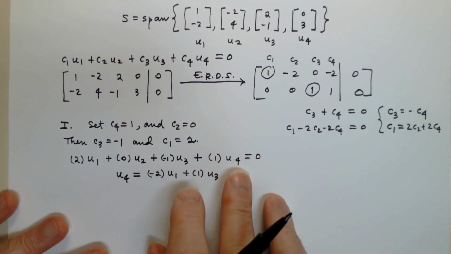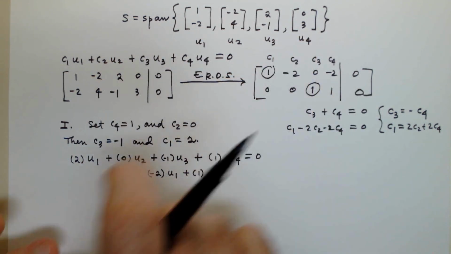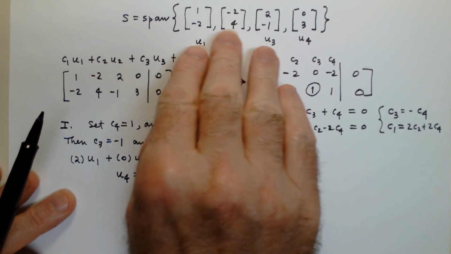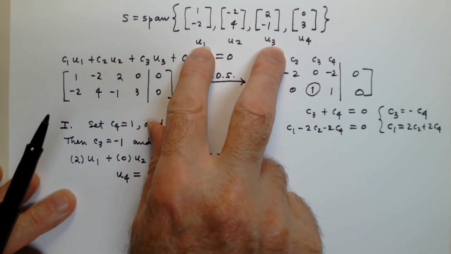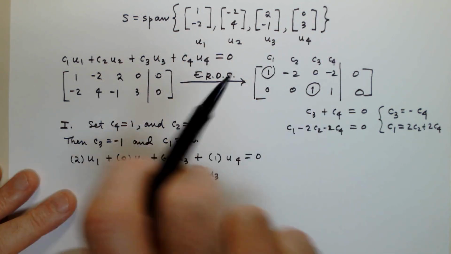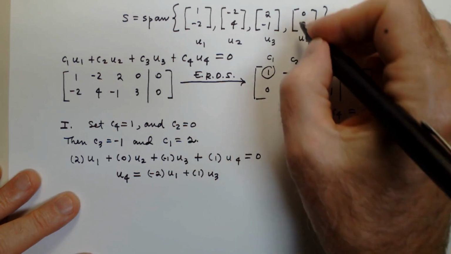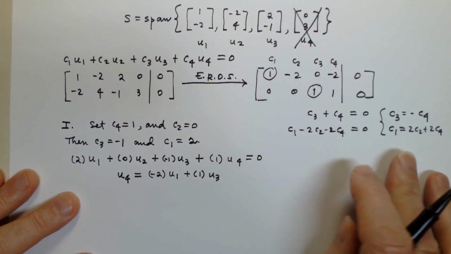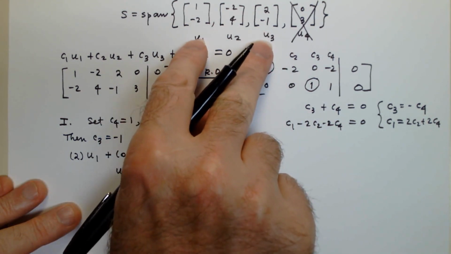And what this means is that in terms of the spanning problem, this vector is redundant. It's not adding anything to the mix that couldn't have already been handled by U1 and U3. U1 and U3 together can do the work of U4. So in terms of spanning, this vector is not necessary.